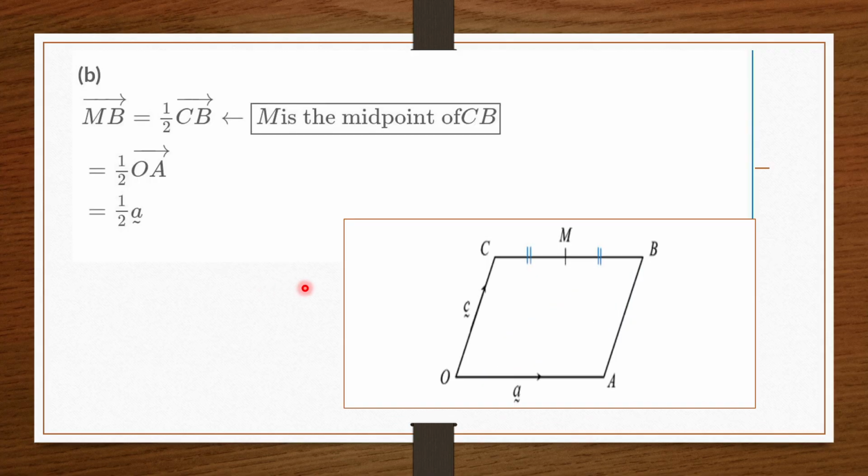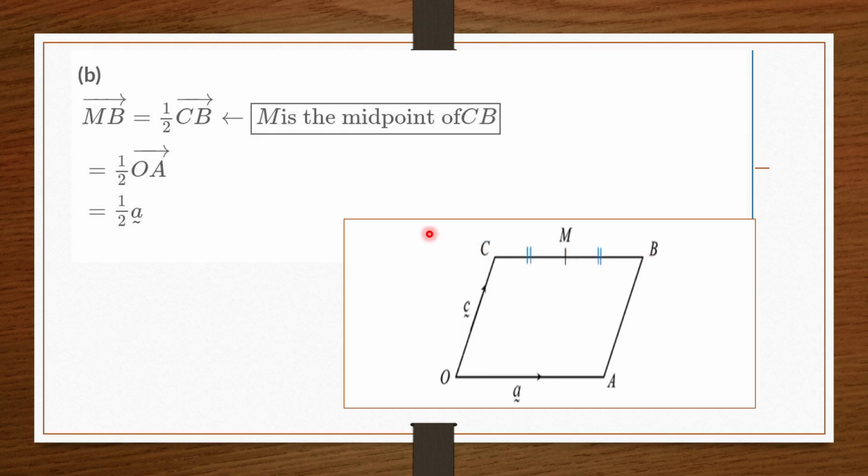Okay, next find MB. If you look at the given diagram, it is mentioned that M is the midpoint of CB. Therefore, it is half of CB. Since this is a parallelogram, the magnitude of vector OA equals the magnitude of CB.